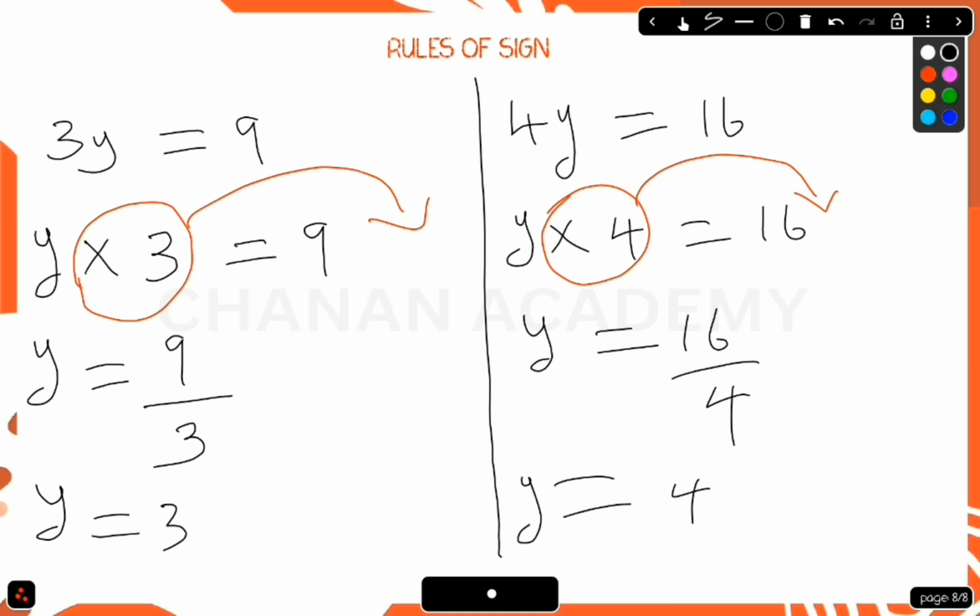So y is equal to 4. So these questions were just to explain the rules of sign.